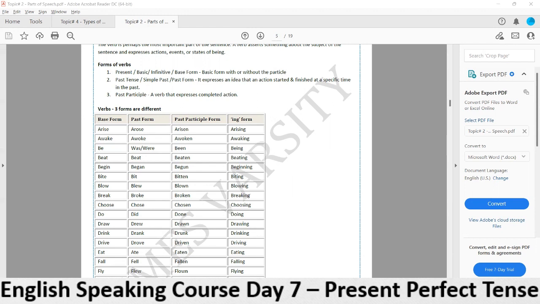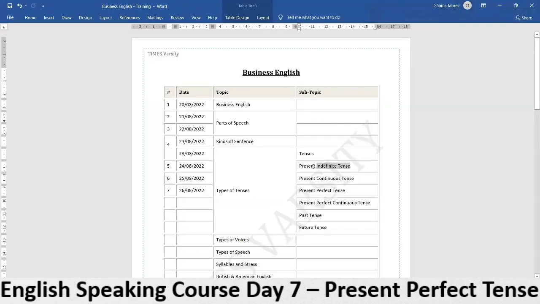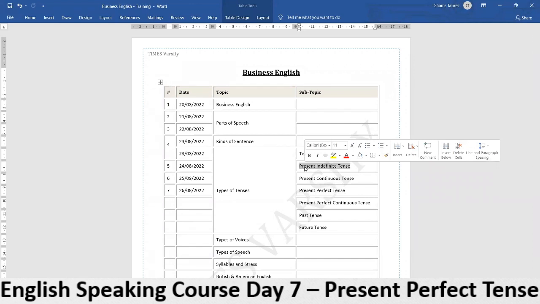So here you need to keep on referring to these documents, which form of the verb we are using in which sentence. As you can see here, in present indefinite, whether it was affirmative, negative, simple question or WH question, the first form was used.